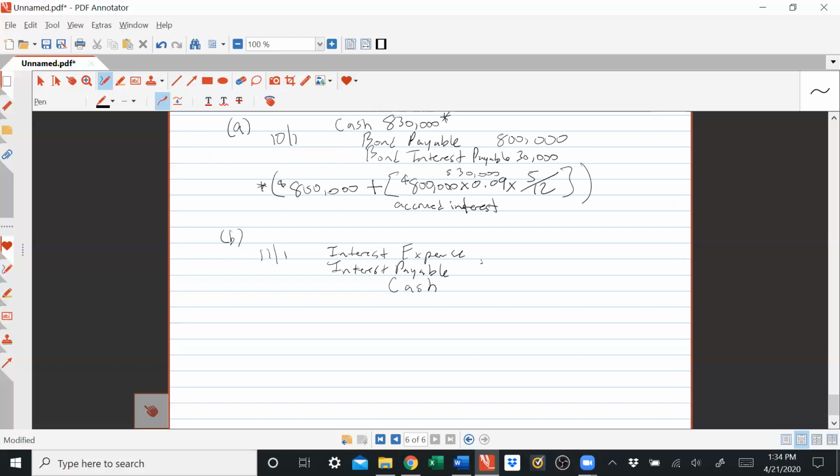We're going to debit interest payable for the $30,000 because we'd owed that. We set that up right here. 1 month later, we're paying that plus the additional 1 month of interest expense for October between 10/1 and 11/1, which is $6,000.